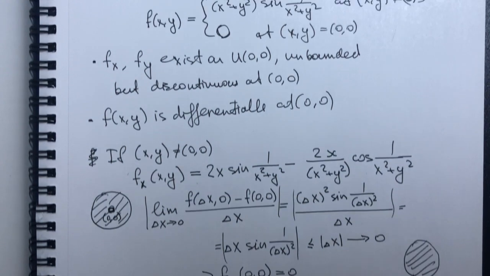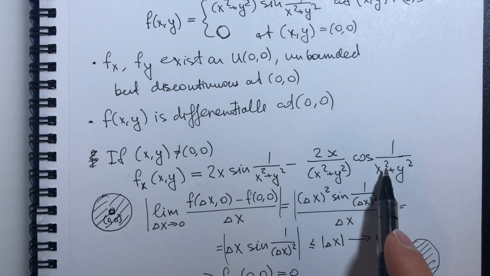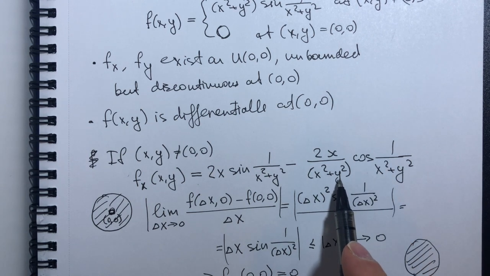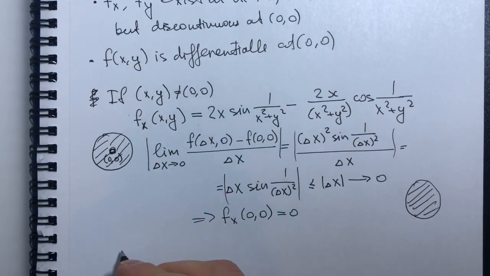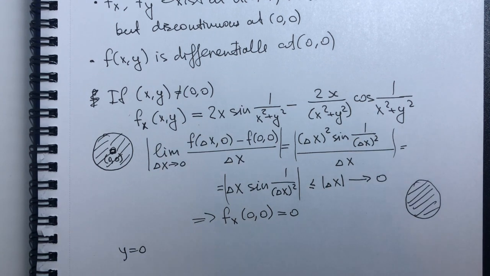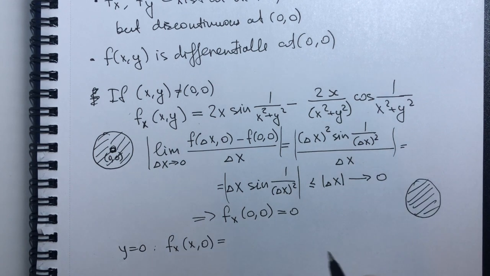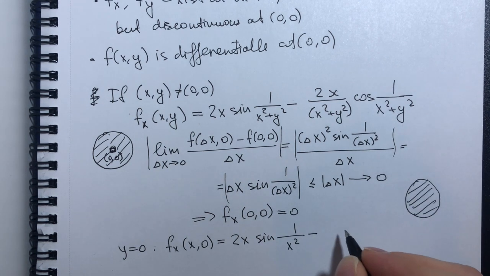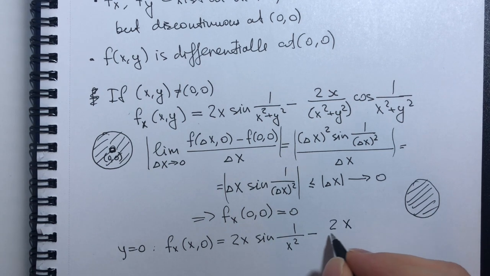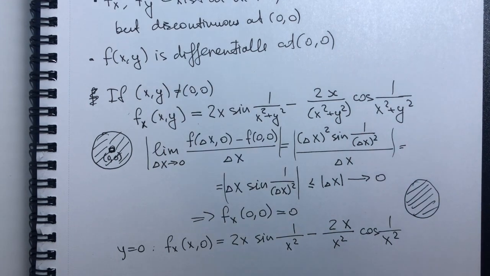What about them being unbounded? Well, if you look carefully at this expression, suppose I go along the line y equals 0. So if y equals 0, then my partial derivative simplifies down to 2x sine of 1 over x squared minus 2x over x squared cos of 1 over x squared.